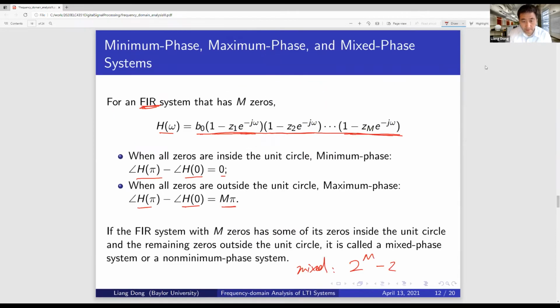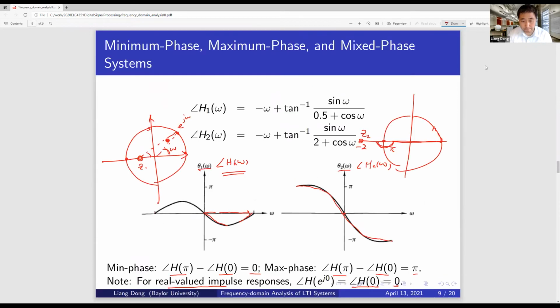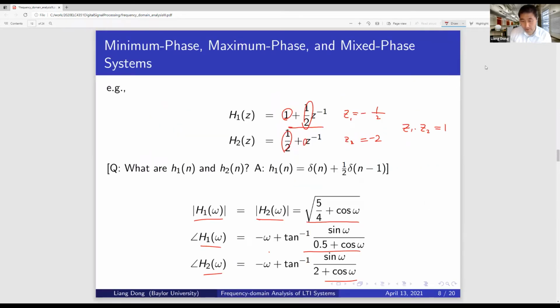So group delay here, we're still using this example. Now, if you look at those two filters, H1 and H2, which one has a better performance in terms of delay? Well, we said last time, little h1 is this.